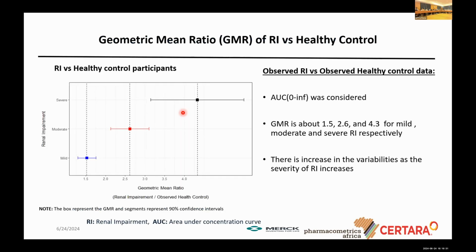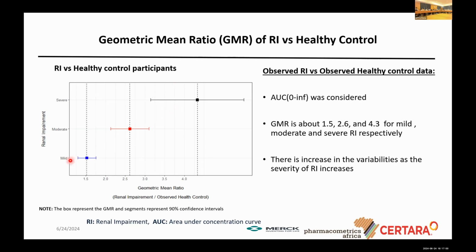Then when you look at those adjustments, we first looked at the observed healthy versus observed renal impairment from the protocol 5 study. And here the only parameter considered was AUC. So we looked at the ranges. In case we have mild, moderate, and severe renal impairment, what would be the differences in the exposure?